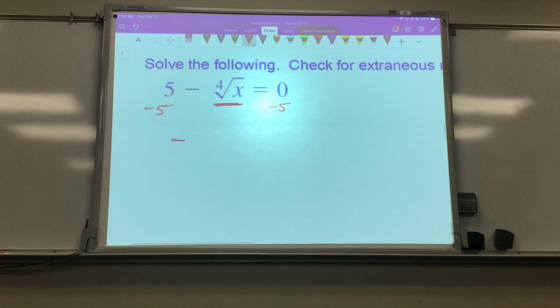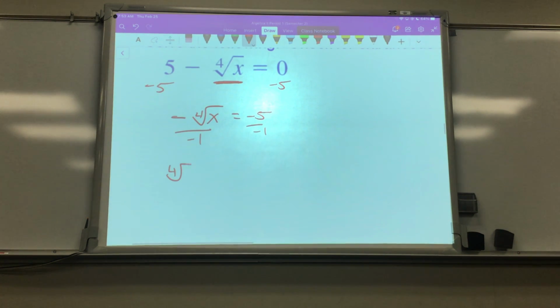Negative 4th root of x equals -5. Maria, how do I take care of that negative? It's like saying -1 times that, so divide by -1, or flip every sign, which keeps it equivalent. So the 4th root of x is equal to 5.